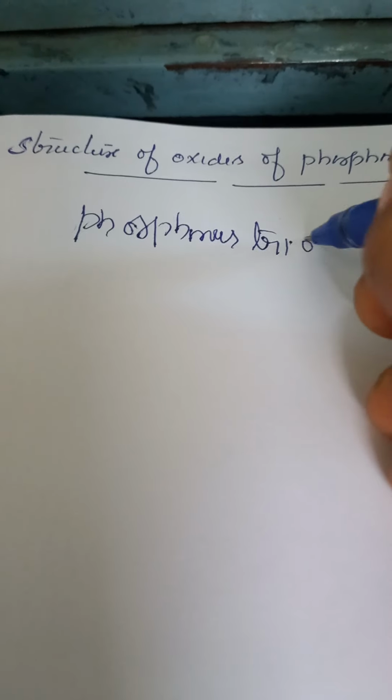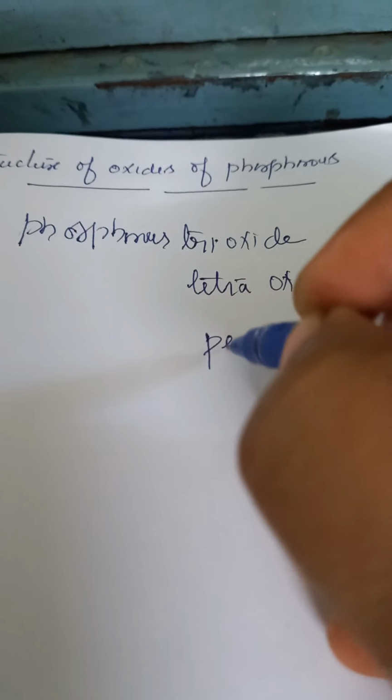Children, in this video we are going to learn about the structure of oxides of phosphorus. There are many oxides of phosphorus, but the most important ones are phosphorus trioxide, phosphorus tetroxide, and phosphorus pentoxide.